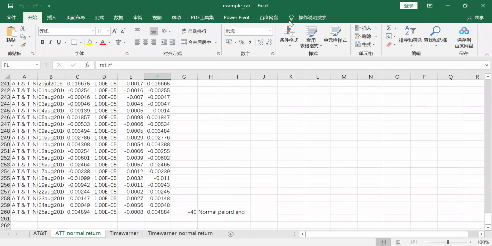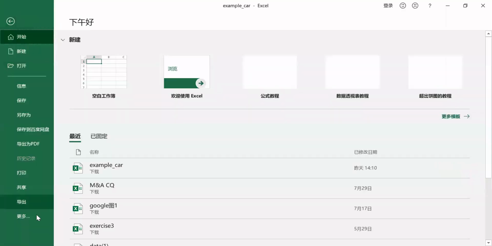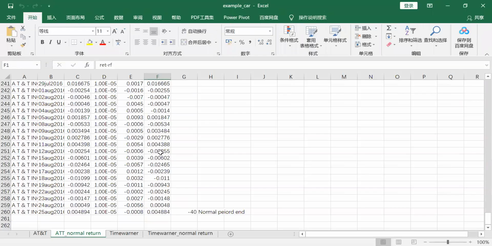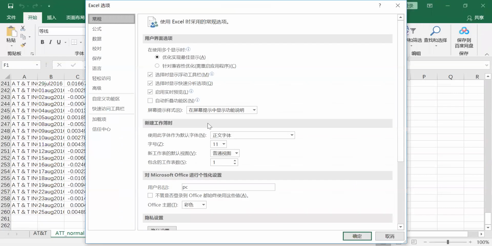What you do is click File here, and then click More. Now click Options. If you click Options, there will be Add-ins.